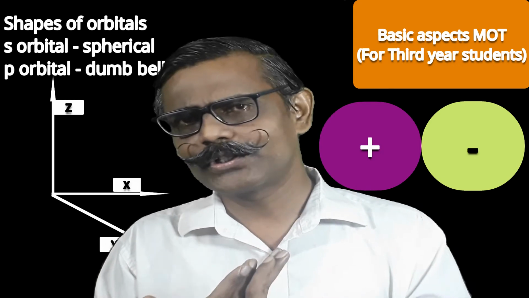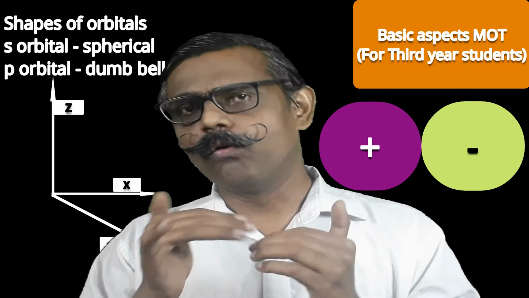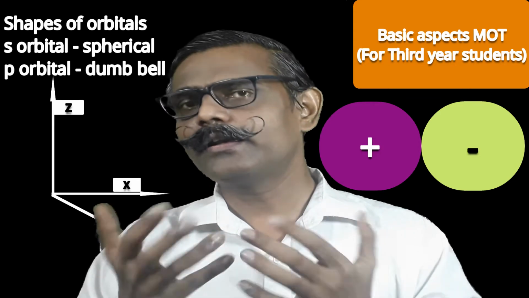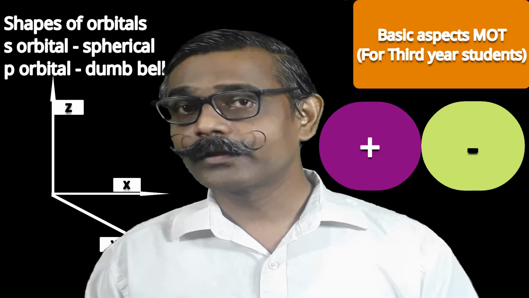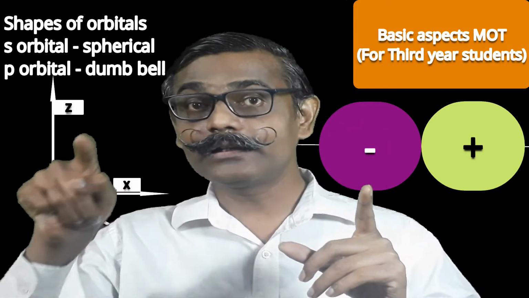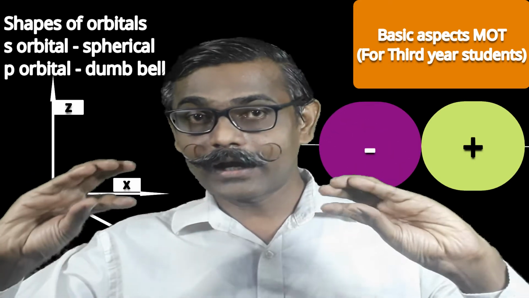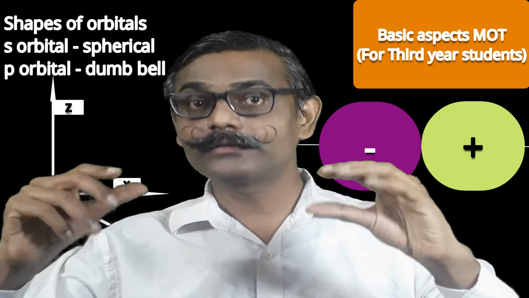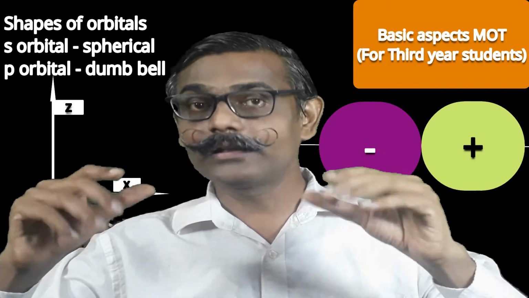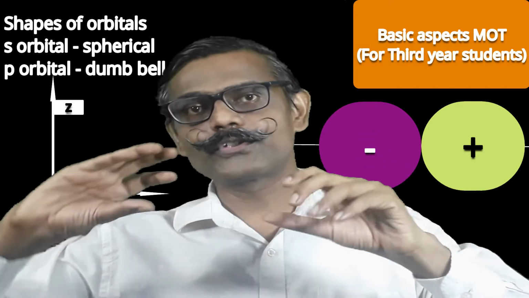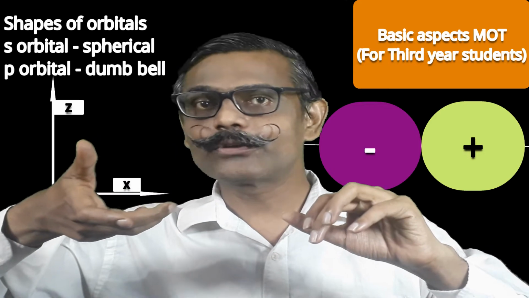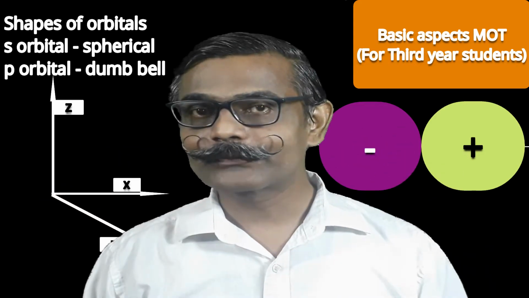It can be positive or it can be negative. Whatever it was before, that will be retained. If I take the px orbital and rotate around that axis, the positive lobe will remain positive and the negative lobe will remain negative. So there is no change.